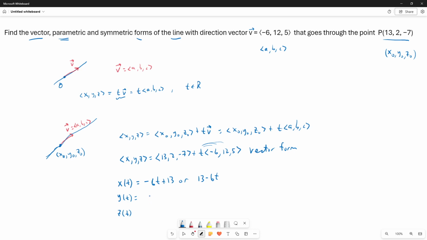So 2 plus t times 12, 12t, or 12t plus 2. And for the z, the third component, z is equal to -7 plus 5t, or we could write that as 5t minus 7. So this is the parametric form.